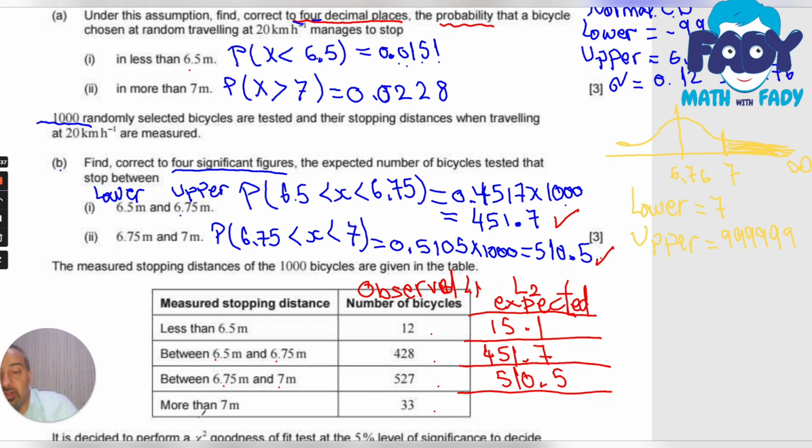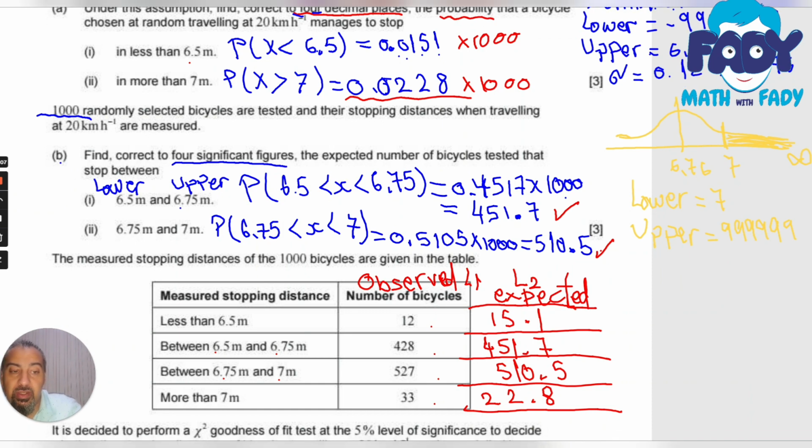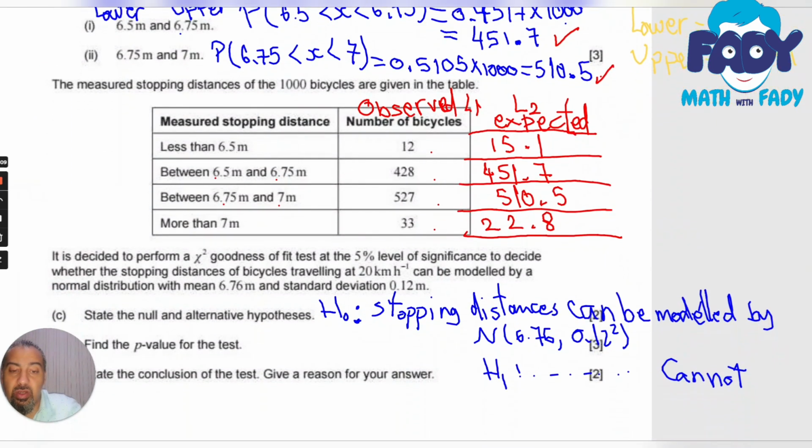And the probability that more than 7, it is here, 0.0228. This times 1000, we will get 22.8. So we're multiplying this by 1000, this by 1000, to get the expected values. So we have L1 and we have L2. We'll insert these two columns into stats.